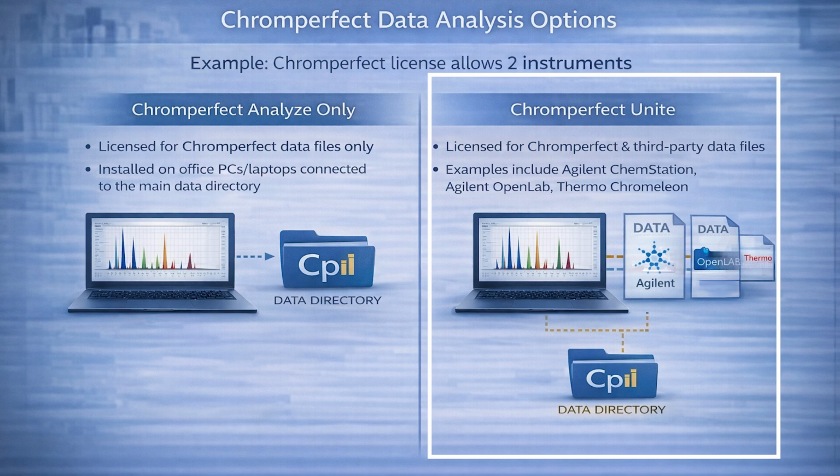Other uses may be for customers who do not use Chromperfect for data acquisition, but are looking for more powerful and flexible data analysis or reporting, which is lacking within their own CDS systems. Chromperfect Unite allows all data to be reviewed, processed, and reported within a single environment, regardless of the CDS system used to acquire the data originally.